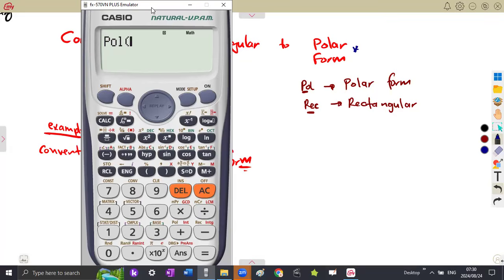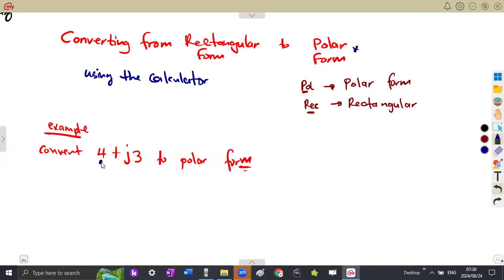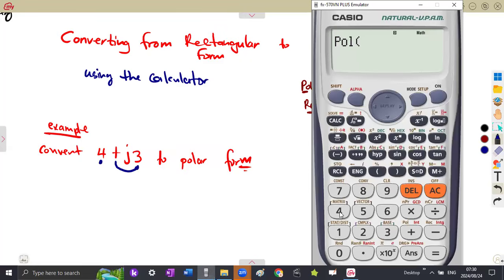So how are we going to convert? You insert the values that are in rectangular form, the 4 and the 3, taking the sign of the 3, which is positive. So it's going to be 4.